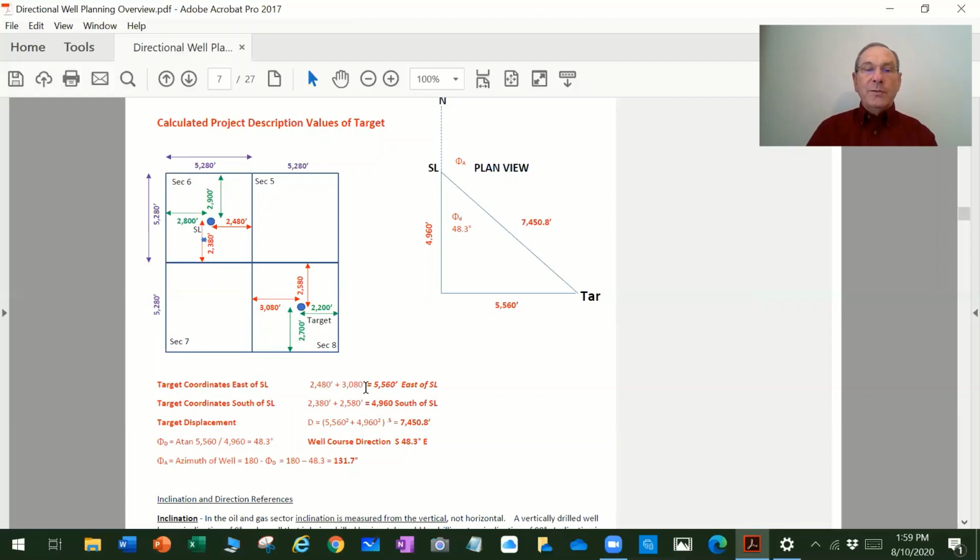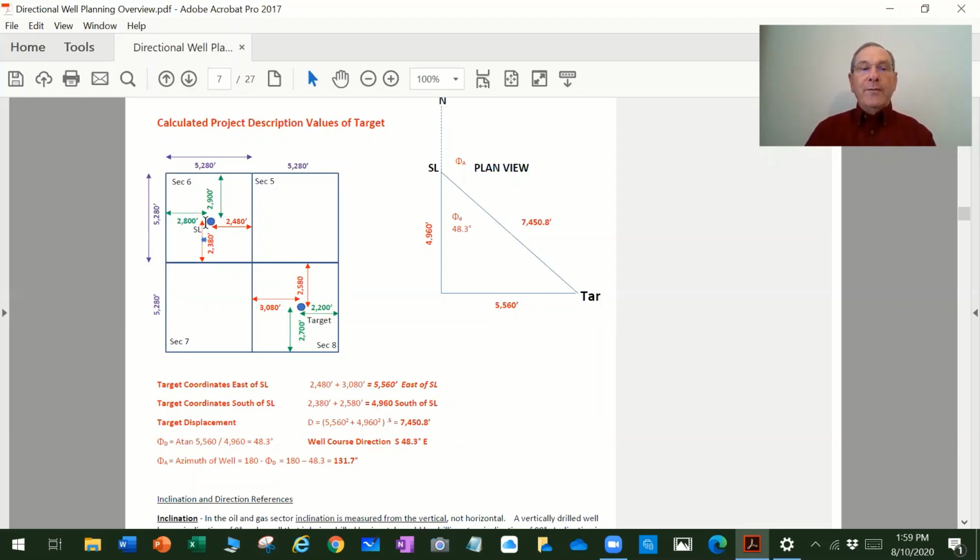So our target is 5,560 feet east of the surface location, and likewise we do the same thing in the north-south coordinate system, and we add the 2,380 plus the 2,580, and we get the target is located 4,960 feet south of the surface location.